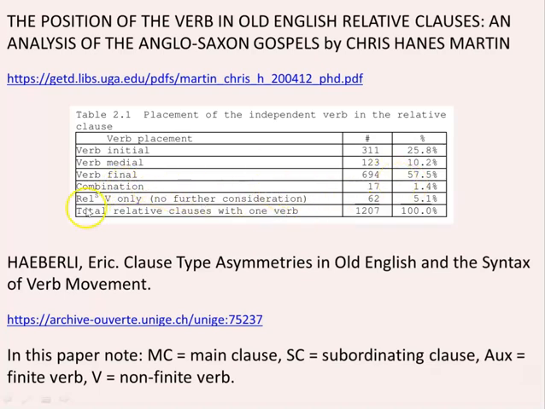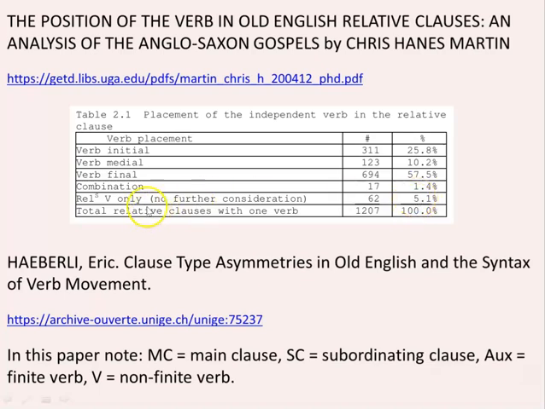Combination is sort of all over the place a bit, but you see in the relative clause, verb only: so you've got a comma or a subordinating conjunction, and then just a verb. You know, the man who runs. Who is the subordinating conjunction, runs is the verb, and it's there by itself in the subordinate clause. So that's about 5%.